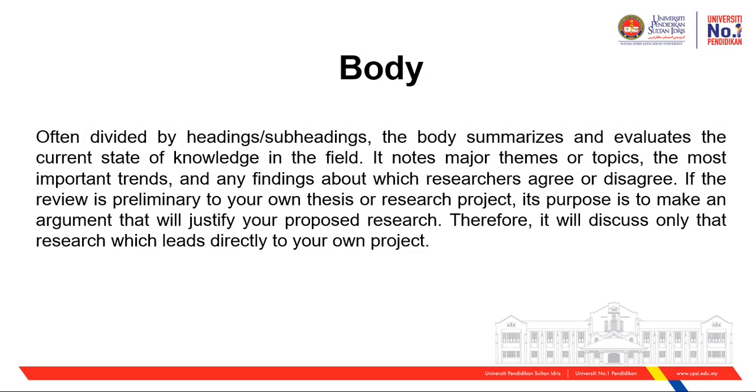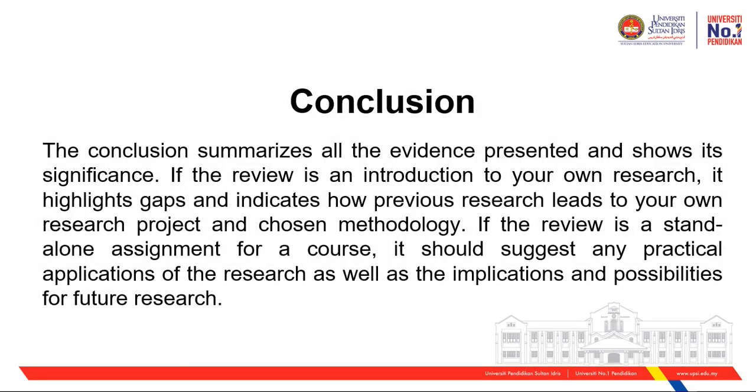Then you have the body of the literature review, and in the body section you might separate into several subheadings or subsections. Later on I will show you the example. And also you have the conclusion part. Just now in the previous slide I did show you the summary section. So it's either the summary, optional, or conclusion section. But most of the time it's just the introduction and the body.